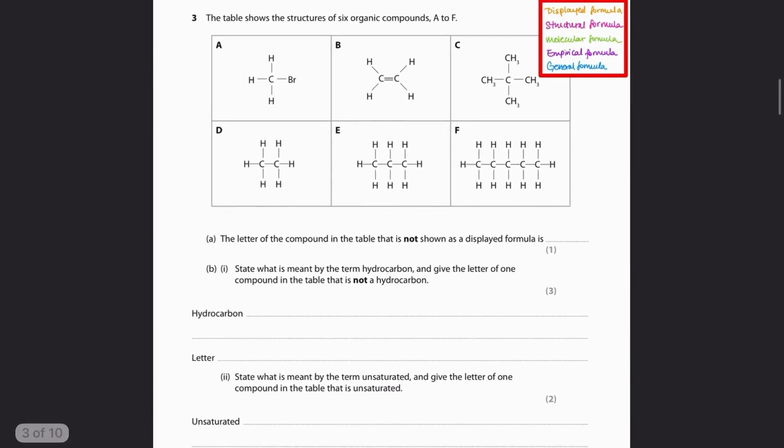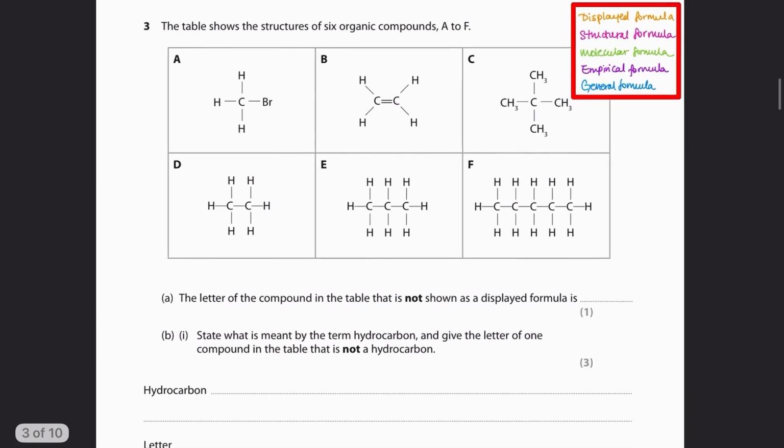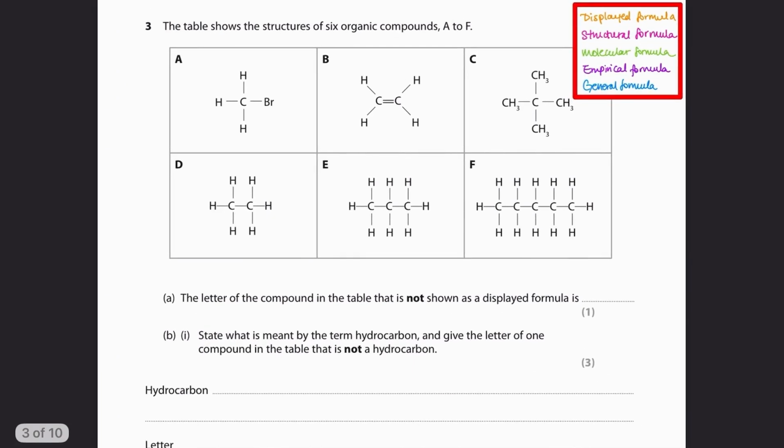Okay, so let's zoom in a little bit. All right, so in this question here, we have a bunch of organic chem molecules. And it says the letter of the compound in the table that is not shown as a displayed formula is who? So remember what a displayed formula is. A displayed formula is where all of the bonds need to be shown, all of them.